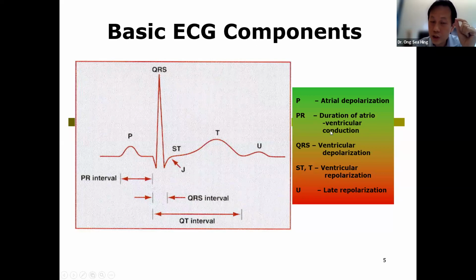This is when electricity slows down in the atrioventricular node and goes through it. And then the QRS complex, the Q, the R, and the S, is ventricular depolarization, where the electricity goes through the His bundle, through the bundle branches, and then through the Purkinje fibers. And then the ST segment and the T wave is when there is ventricular repolarization, and then sometimes you get a late repolarization, the U wave. Okay? So this is important for us to understand as we try to understand some of the patterns we see on the ECG.